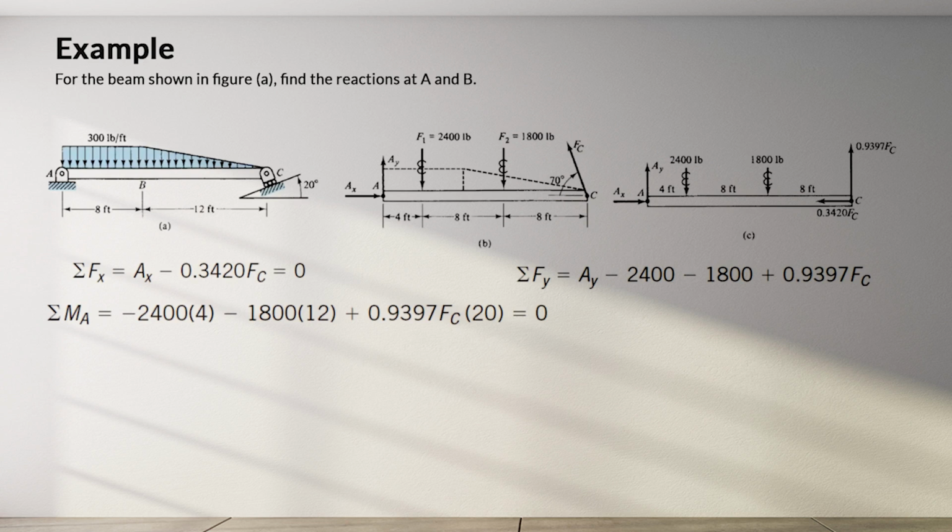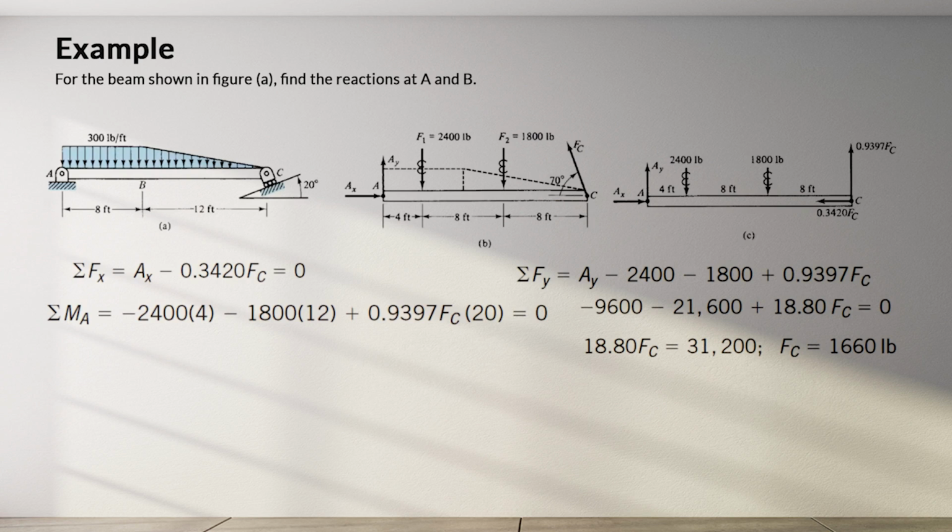In the problem shown, unknowns Ax and Ay can be eliminated if we sum moments with respect to A. With the moment A, we have only one unknown, which is Fc. If you solve for that equation, you will get a value of 1,660 pounds for Fc.